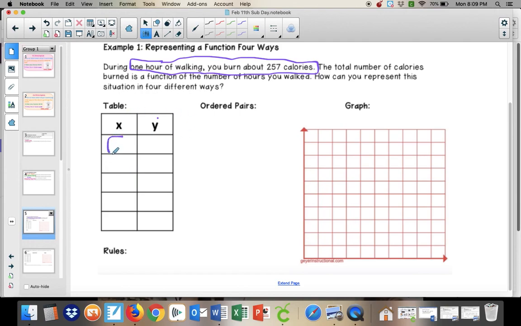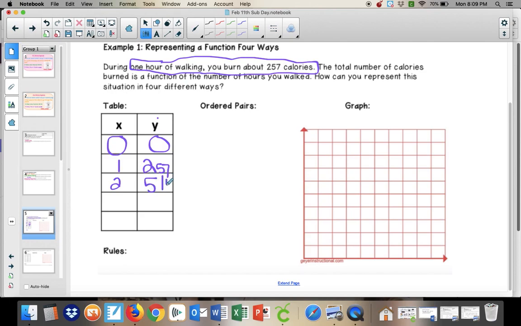So, if I walk 0 hours, I burn 0 calories. If I walk 1 hour, I burn 257 calories. If I walk 2 hours, I burn 514 calories.